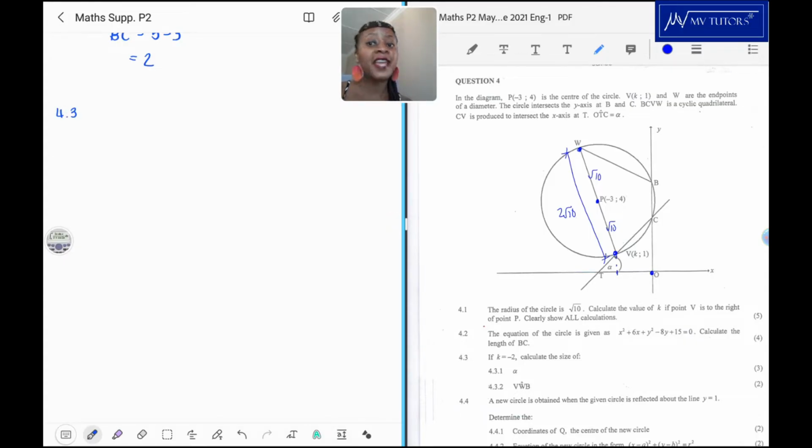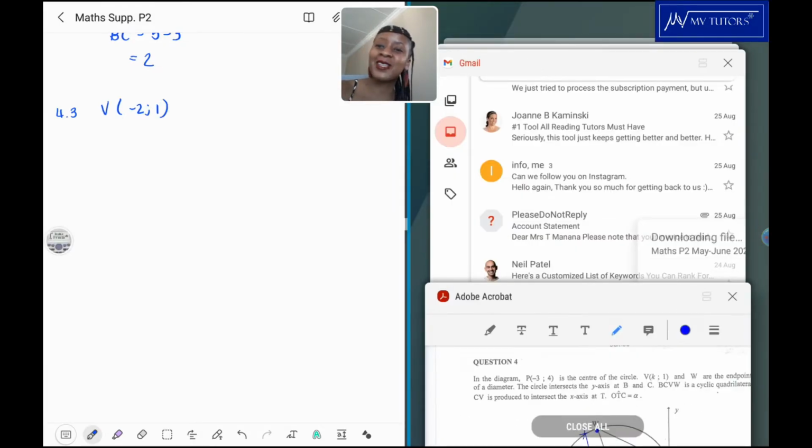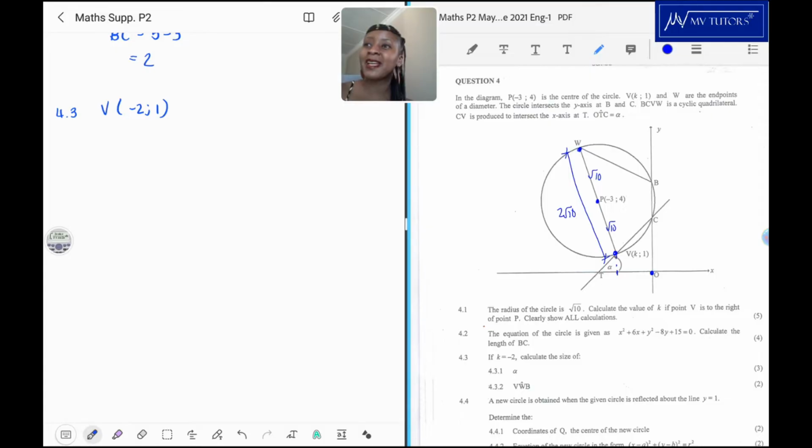And they're saying if k is equal to negative 2, which we already know it is, we worked it out. But just in case you got it wrong somewhere, then yeah, there's the answer. So v is negative 2 and 1. Okay, those are the coordinates of v.